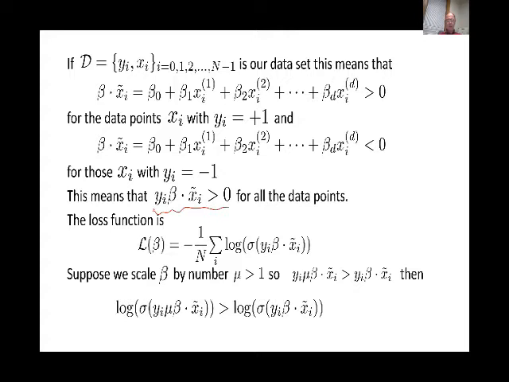So you won't find a minimum if you don't put a regularization in. If you put a regularization in, then you limit the size of beta, so you can't scale beta forever. You have to stay inside this ball in R^d that Adam drew last time.